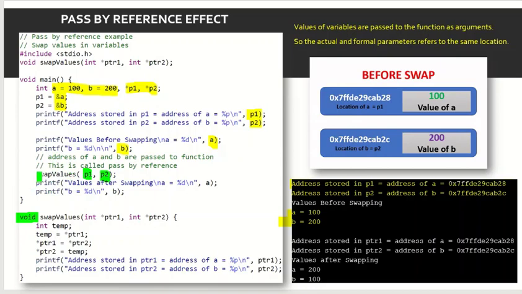the main function. But even after not returning anything, it can display the swapped values, because p1 and p2 are the memory locations, and these locations are passed to the function. So any operations performed in the values of these memory locations will be affected here also.